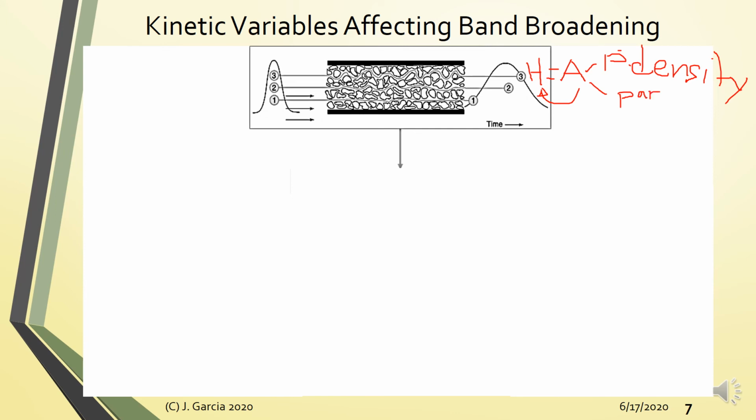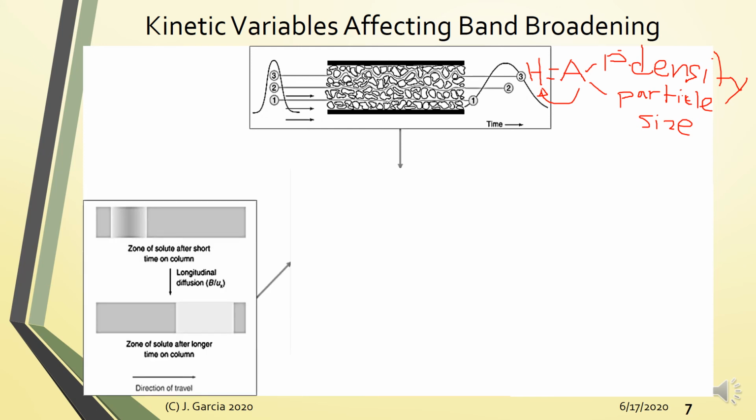The particle size will contribute to your multiple pathways. Ideally, the smaller the particle size, the more evenly distributed your gaps or interstices between the particles. So it will lead to lower theoretical plate height in terms of your term A.